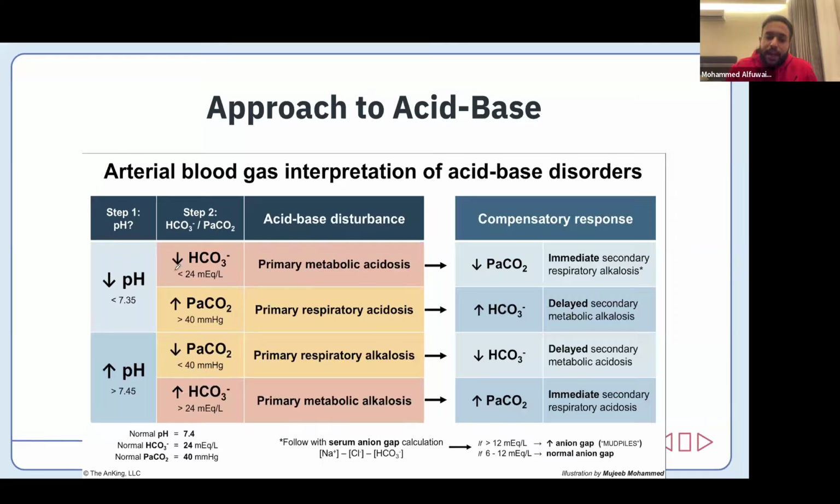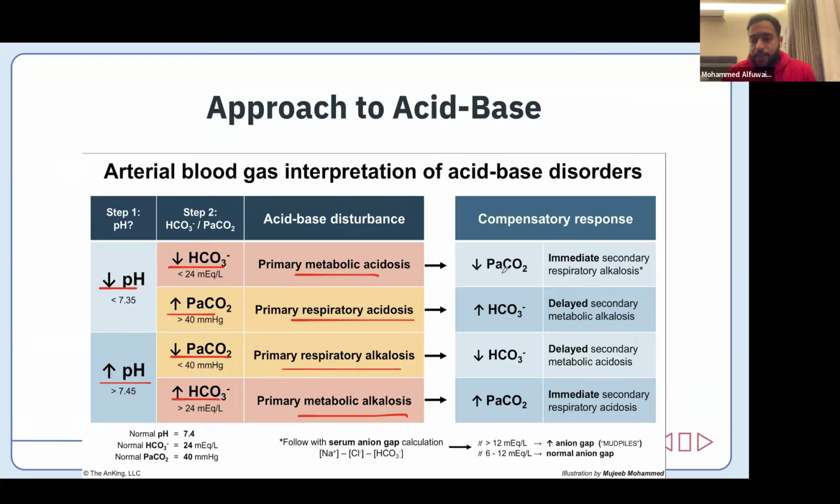Easy. If they have low bicarb in a patient with low pH, this is metabolic acidosis. If they have high PCO2 in a patient with low pH, respiratory acidosis. If they have high pH with low PCO2, respiratory alkalosis, and high pH in a patient with high bicarb, metabolic alkalosis.